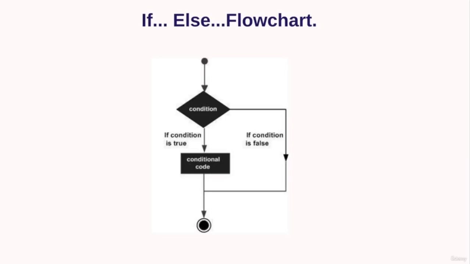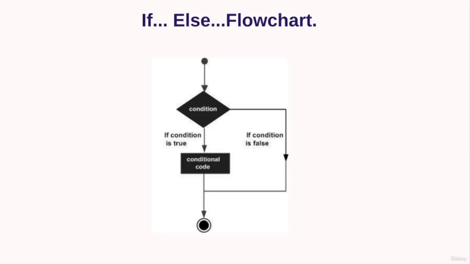When the code flow is happening, there will be a condition carried by the if keyword. If the condition is true, then only we will execute the conditional code. If it is false, that particular code will not get executed.